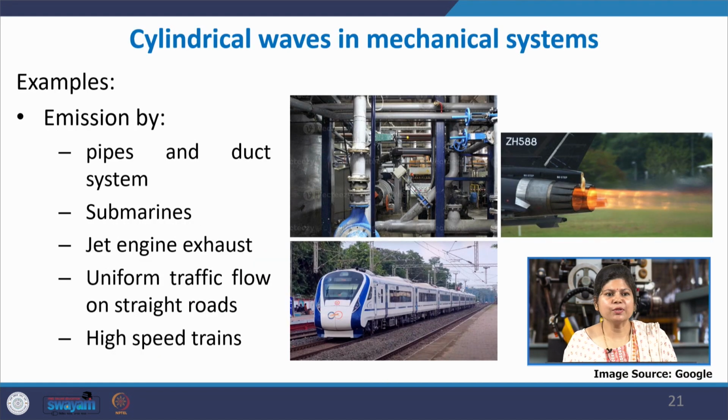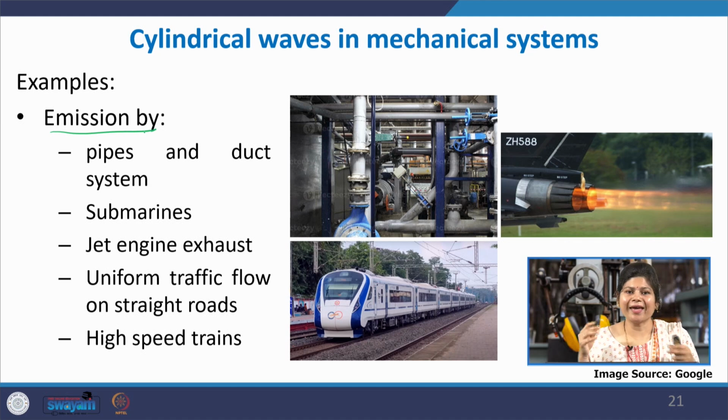Some of the examples of cylindrical waves in mechanical systems are pipe and duct systems. Here it is not the noise inside, and that is the distinction I want to make.